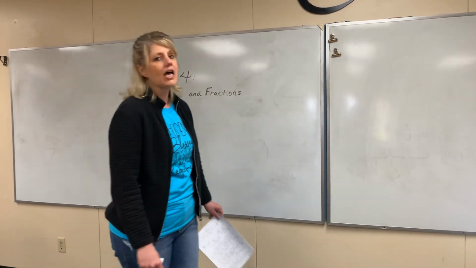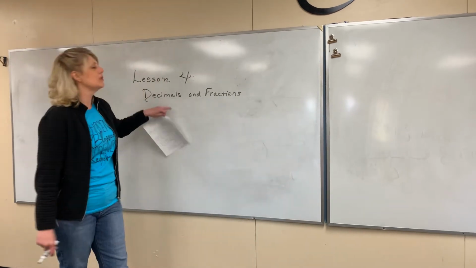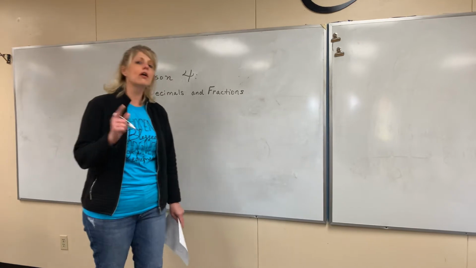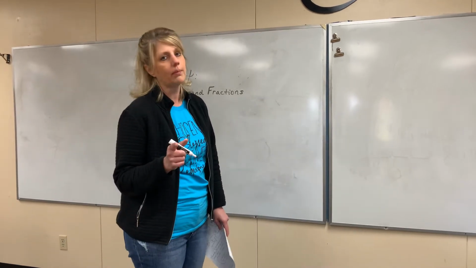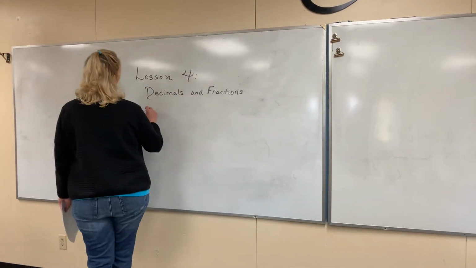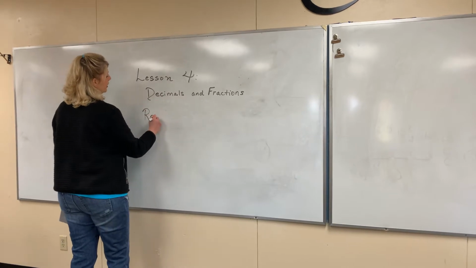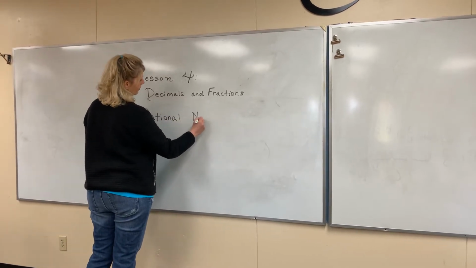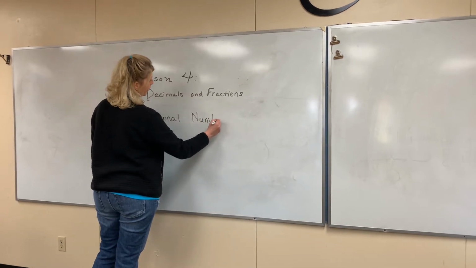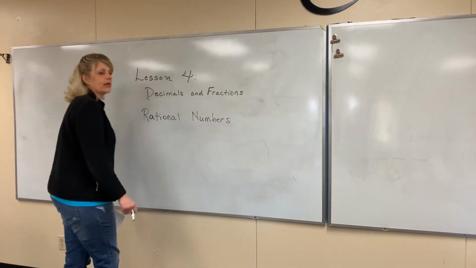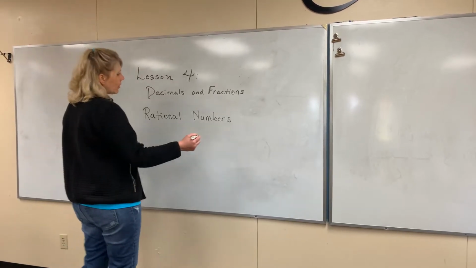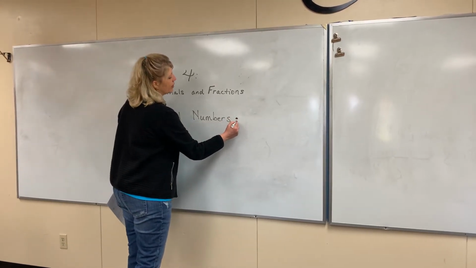So I titled the lesson today Decimals and Fractions. We're going to start off with a new word that you've never heard before, and it is called rational numbers. Okay? That's going to be new, like absolute value was new for you. We did not talk about rational numbers in the 5th grade. So let me give you the definition, then we'll go more into it.